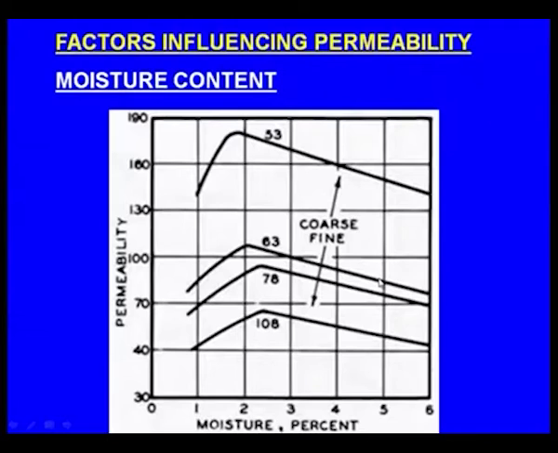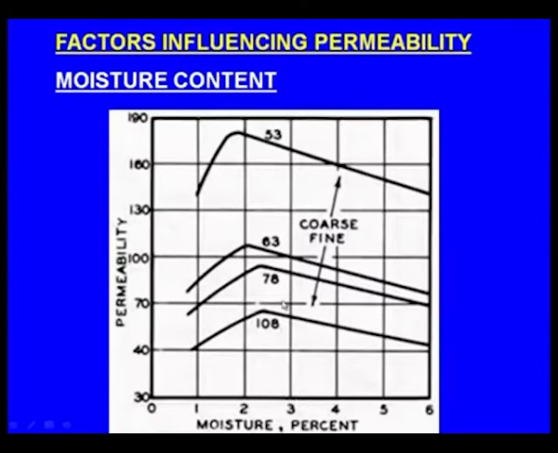Next one, what about the moisture content, influence of the moisture on the permeability. Here we can see in this graph, this is the moisture content and this is the permeability. These numbers indicate the grain fineness number. Remember, if the grain fineness number is very high, that indicates there are very fine sand grains.